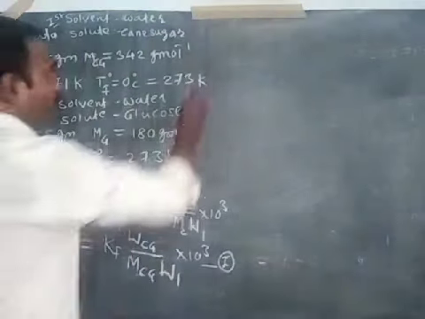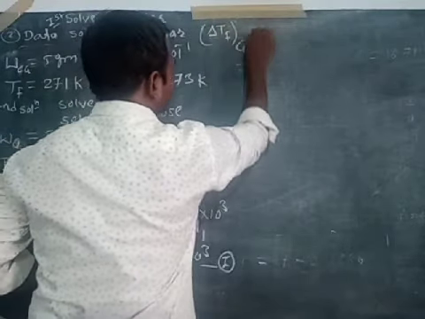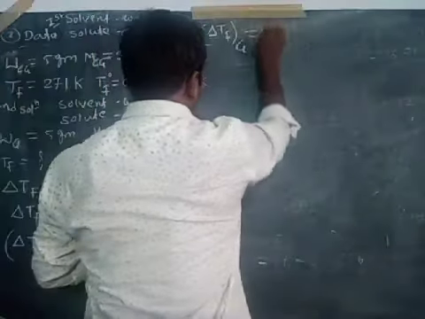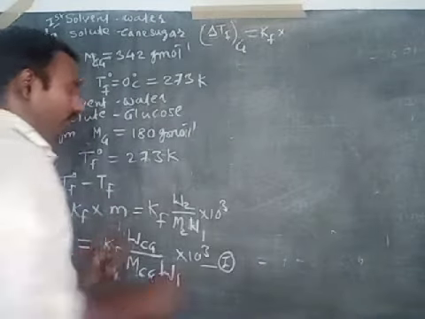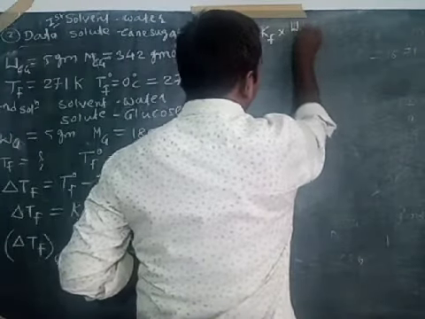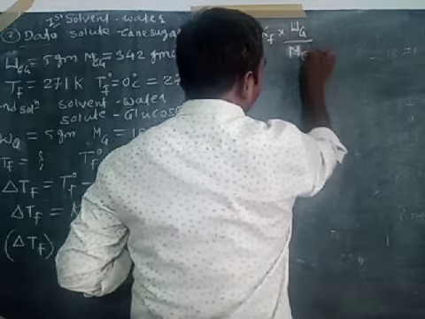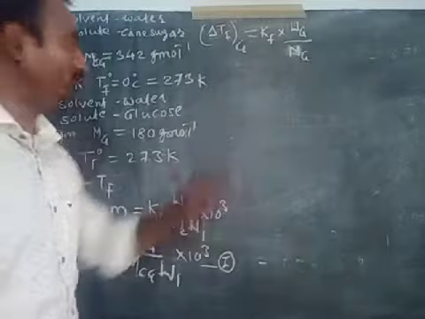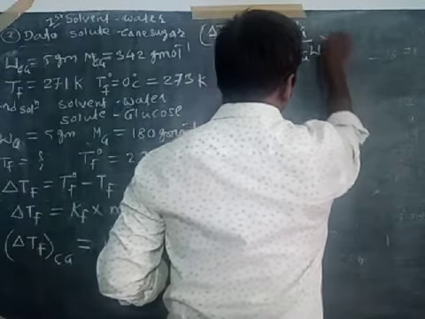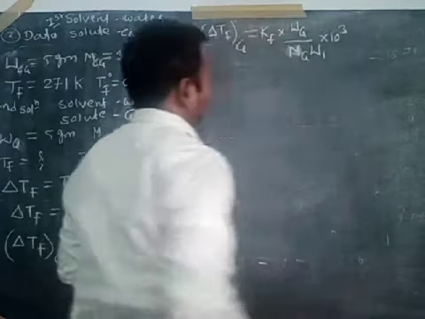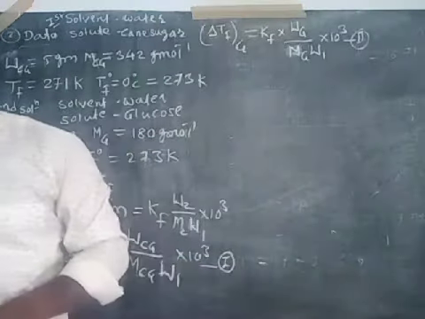For the second solution, the equation will be delta TF for the glucose g is equal to KF into W2, here glucose Wg, and M2, that is Mg, the molar mass of the glucose, and W1 into 10 raised to 3 as it is. That will be the equation for the second solution.